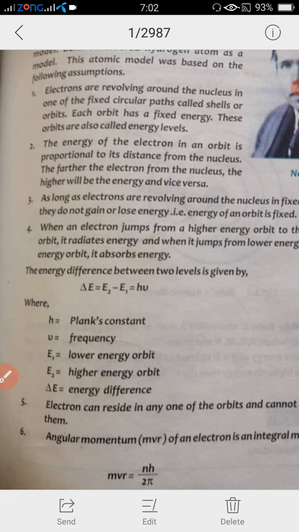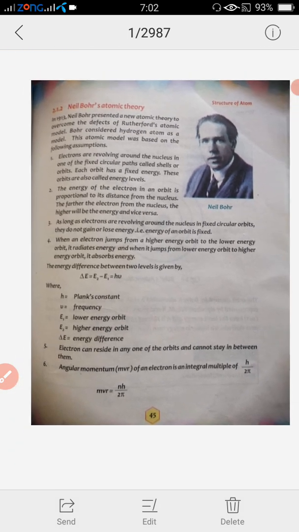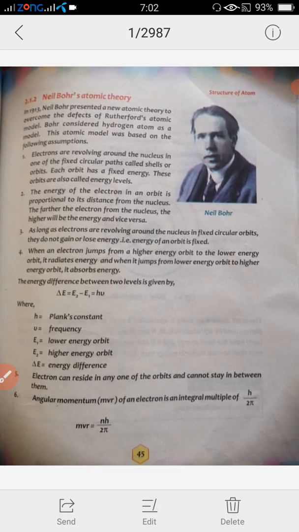So Neil Bohr is explaining that the electron will move in its path, which is a shell, energy level or its orbit. Electrons will only move in their orbits, not in the path which is between the orbits.